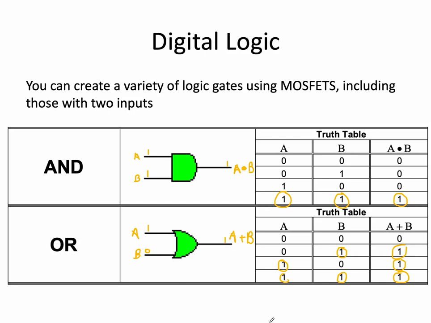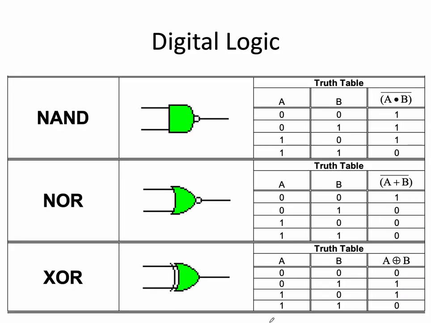There are also some other kinds of logic gates I just want to quickly show you. You don't need to memorize these. There's a NAND gate, a NOR gate, and an XOR gate. Now, before you panic too much, basically a NAND gate is an AND gate, like that, followed by a NOT gate.